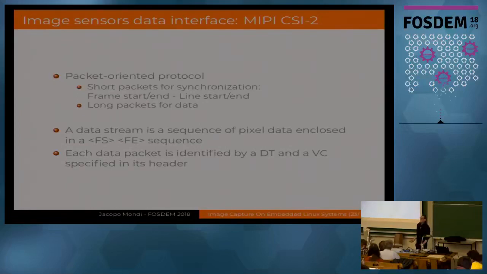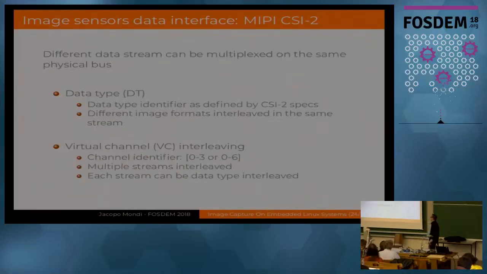This is very interesting because it allows you to interleave different image streams using the same physical bus. Data type is defined by the CSI-2 specification and defines which kind of data the packet transports, in terms of image encoding or metadata. Virtual channels instead are just simple numbers that went up to 4 in the previous set of specifications, now it's 6, and allow you to interleave different streams on the same physical bus.